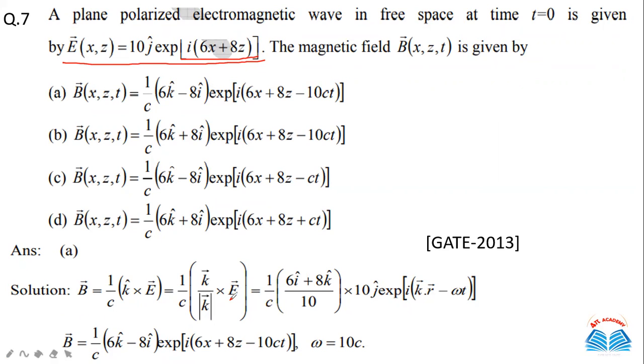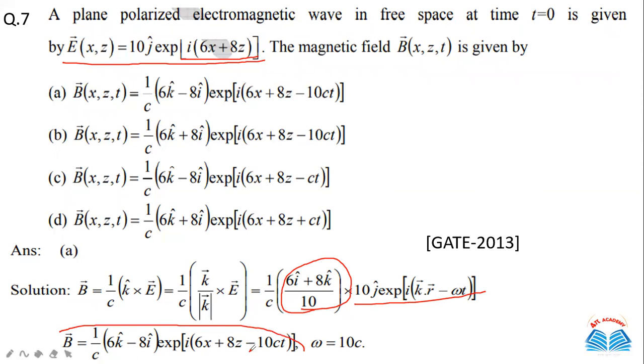So omega is 0. So just use this formula. But the difference is for k cap, you will convert this k into k over mod k. Mod of k is: 6 squared is 36, 8 squared is 64, the square root of 100 is 10. So this is your k cap. This is your electric field which is given in your question, and you can get these types of results.